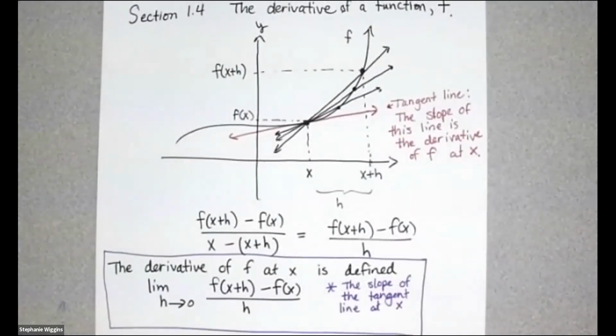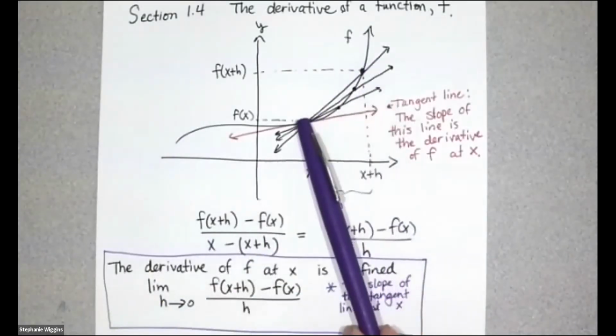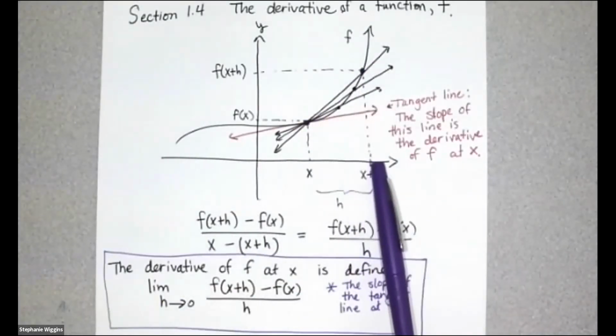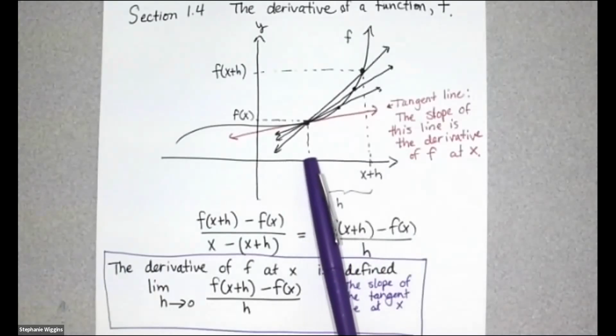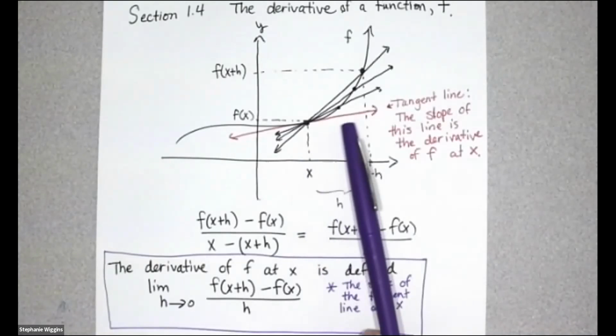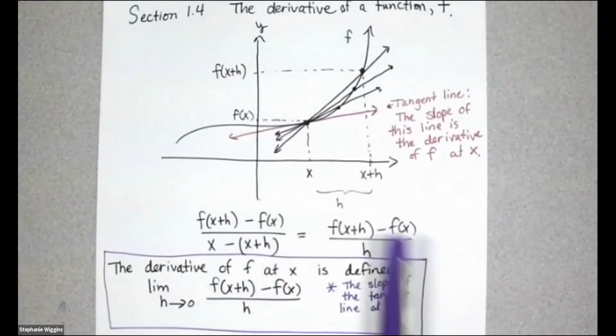So basically you're taking the change of the function on average over an interval and collapsing that interval down to such a small length that you're actually at a point, and that gives you your tangent line. This is the instantaneous rate of change.